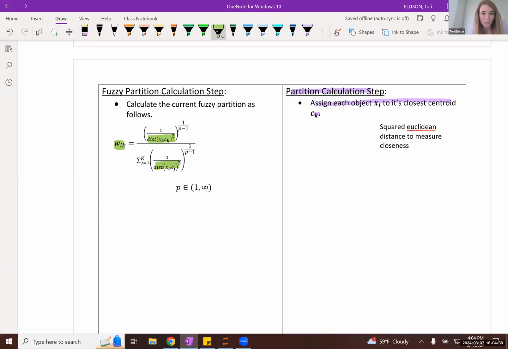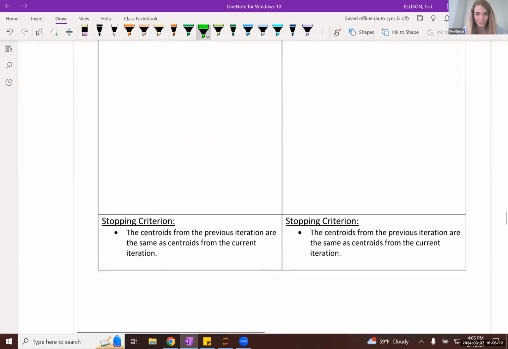But we're not simply assigning a point to a cluster; we're recalculating the cluster membership score for observation i to cluster k. So this is an equation that we're setting up here that also uses this fuzzy parameter p. We'll discuss what this equation does and how it works in just a second. This is the equation that we use to update our membership scores for the matrix. So it's slightly different.